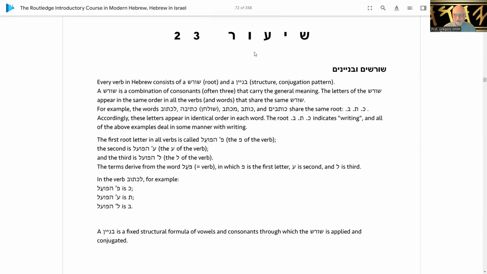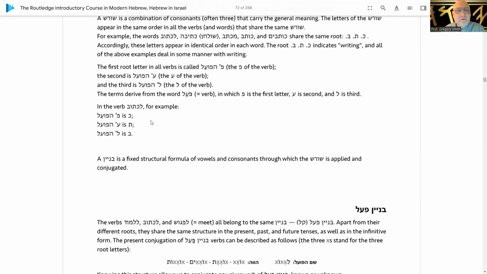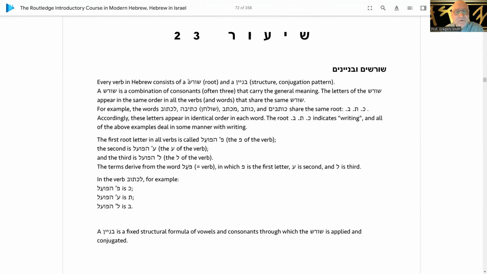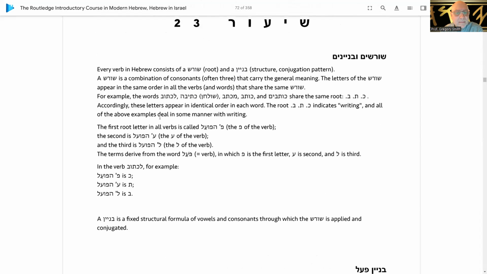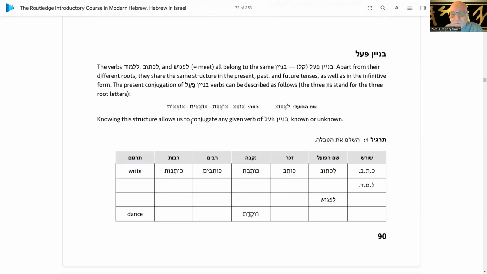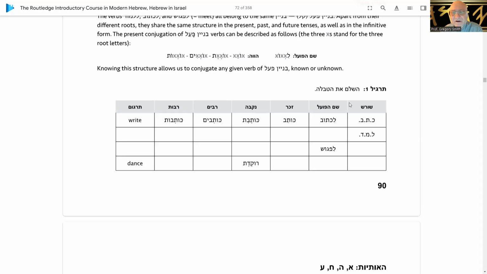And so last time with this Shiur Esrim v'Shlosh we worked through some things about the shoresh, the root. We talked about the binyan, which is the structure of the conjugation pattern. You've got the shoresh, which is the root of a Hebrew word, and then you have the Shem HaPoal, which is the name of the conjugation or the name of the verb.